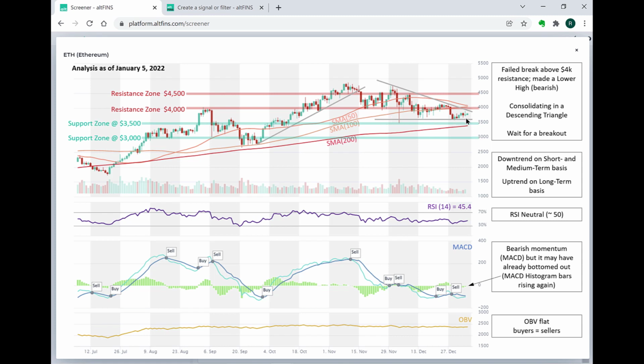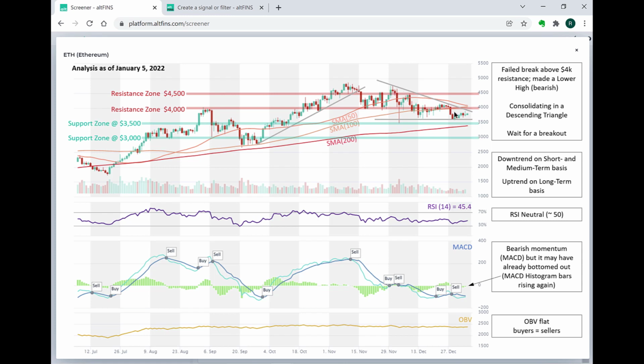That's acted as a solid support level, and it also lines up with this 200-day moving average, which also gives that support level more robustness. The downward sloping resistance trend line indicates that each upswing was met with resistance and selling, making lower highs.